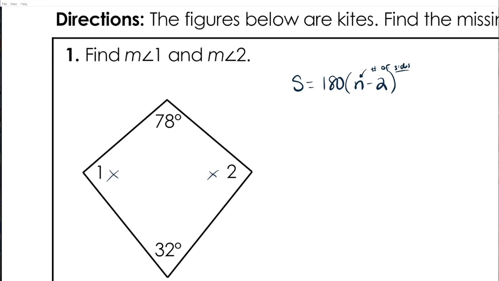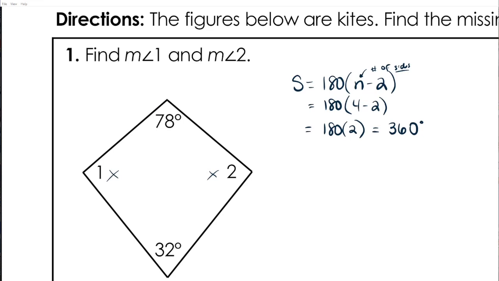In a kite's case, a kite is a quadrilateral. Excellent. And quadrilaterals have 4 sides. So 180 times 2, we know the interior sum has to be 360. And again, maybe some of us are beginning to recognize that quadrilaterals are 360. That's great. If we're not there yet, S equals 180 times (n minus 2) will always work for us.